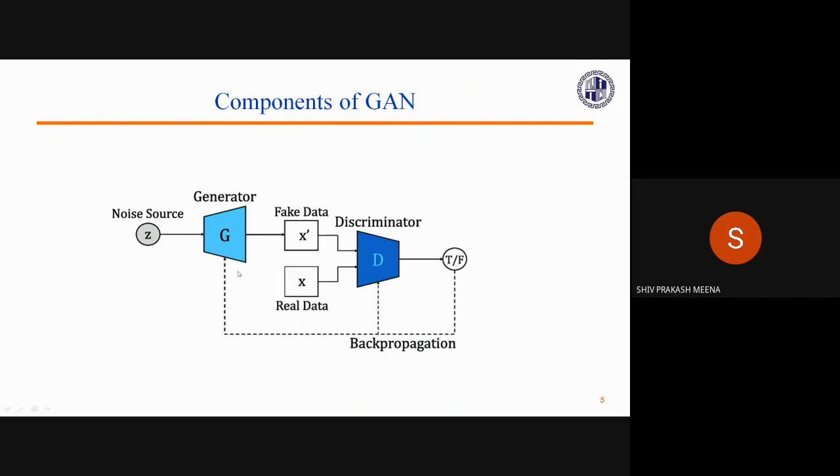And on the basis of that feedback, the generator will generate a new image, because the main purpose of the generator is to fool the discriminator, because we have to generate an image that looks like a real image. So it will generate again some image. Discriminator will predict again whether the image is real or fake.